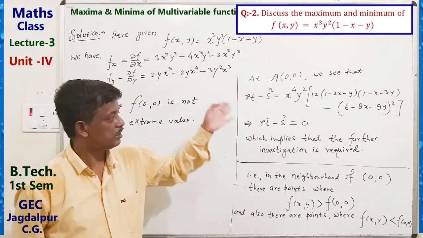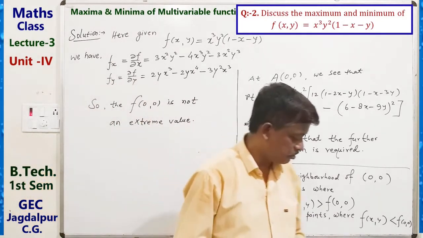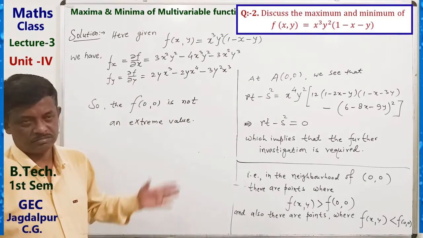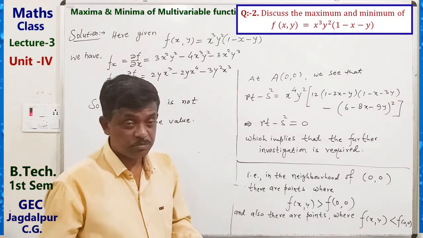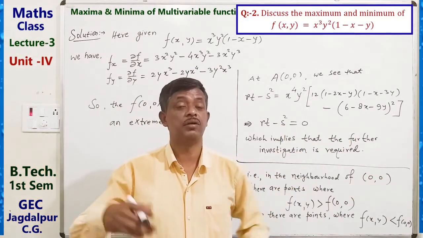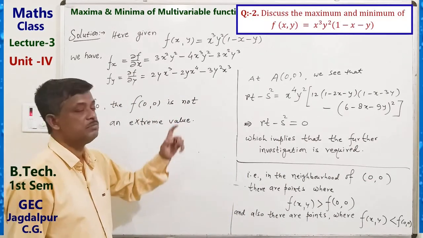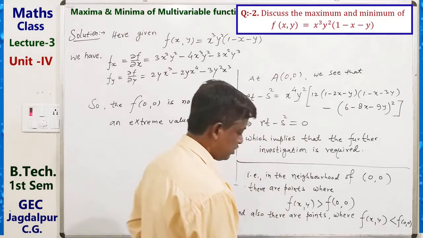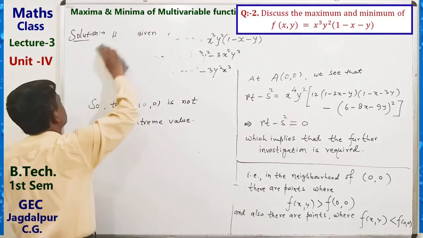At 1 by 2, 1 by 3 the function is maximum and the maximum value is 1 upon 432, and 0, 0 is not an extreme value. Stationary points may be maximum or minimum or may not be. So here, not a maximum or minimum value. Okay. Now take the second question.